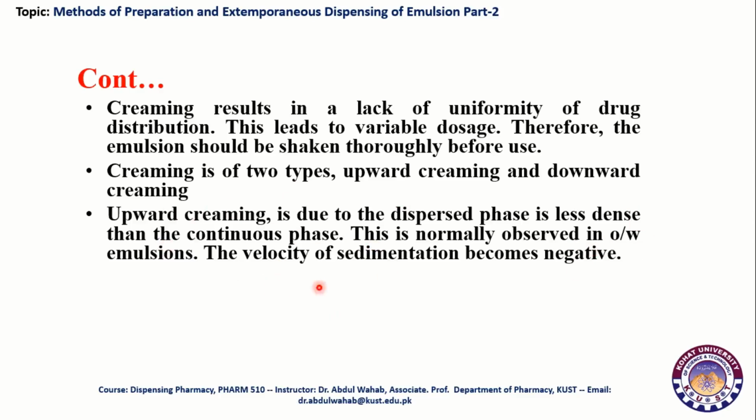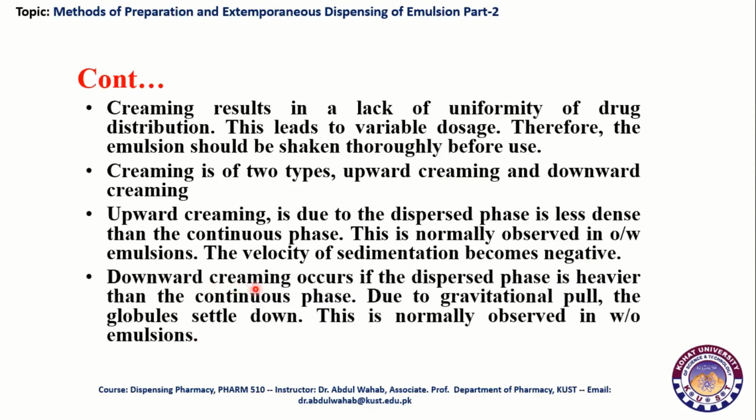The velocity of sedimentation becomes negative. Downward creaming occurs if the dispersed phase is heavier than the continuous phase. Due to gravitational pull, the globules settle down. This is normally observed in water oil emulsion.